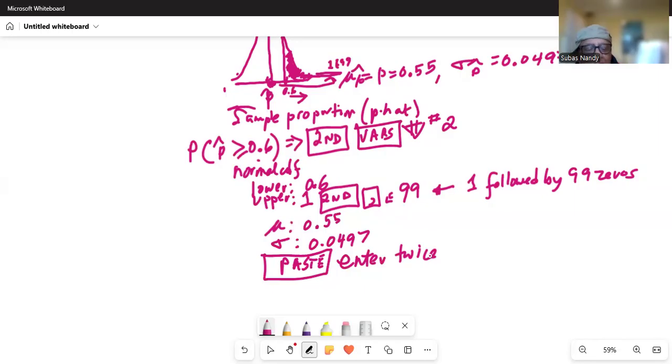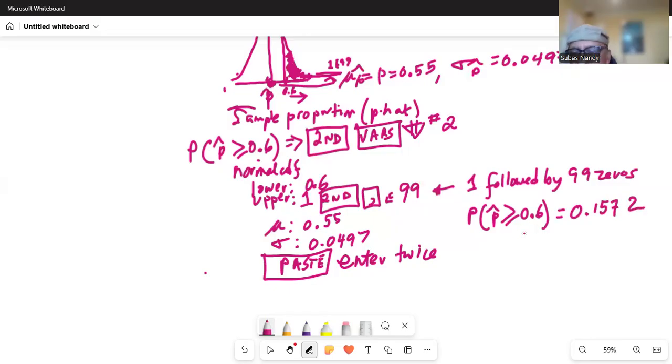My standard deviation is 0.0497. And I go down on Paste and hit enter and enter. And we get the answer. The probability that p hat is greater than or equal to 0.6 is 0.157.